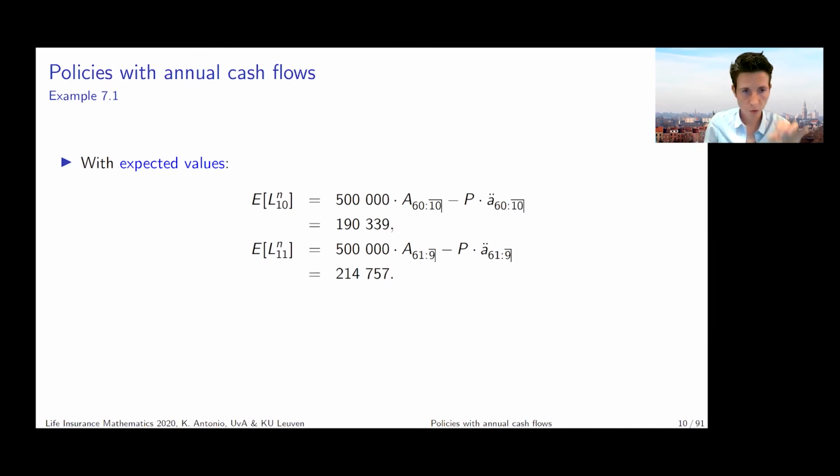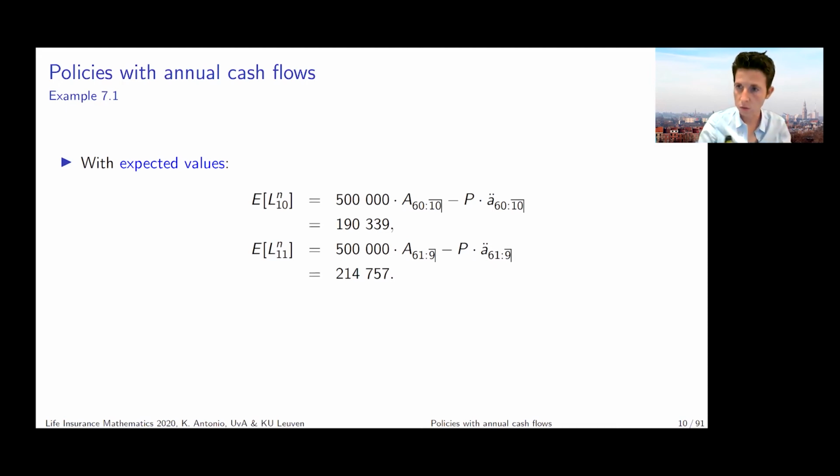So that means for a policyholder who is still alive at time 10, I will need as an insurance company an amount of 119,000 euros something in order to be able to fulfill my liabilities in the future, right?